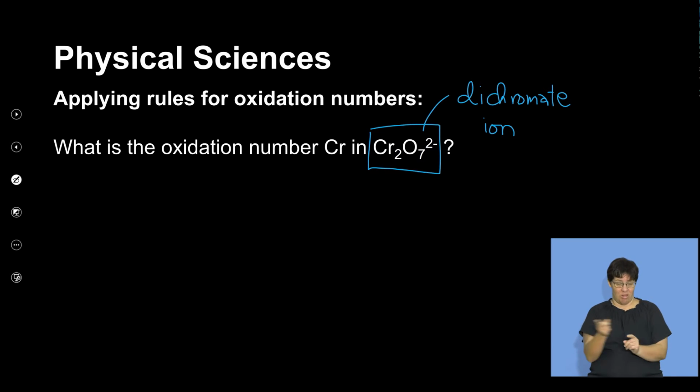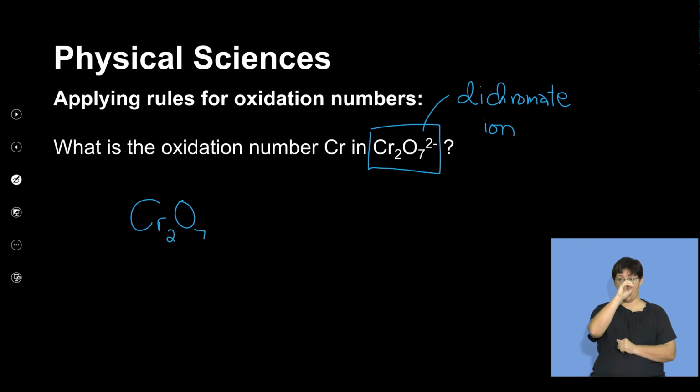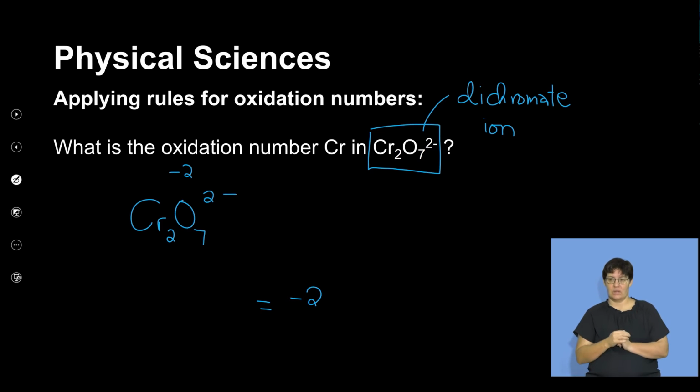So the total, for argument's sake, the formula Cr2O7 with a 2 minus charge. We know that the total in this ion is -2. And for oxygen in its combined state, the unit charge is -2. If there are 7 of them, we get -14, which comes from -2 multiplied by 7.